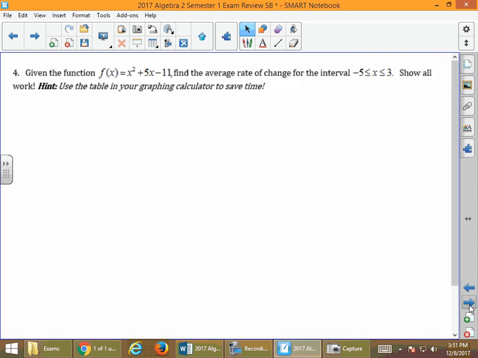As we look at another one, it says, given the function f of x equals x squared plus 5x minus 11, find the average rate of change for the interval where x is in between -5 and 3. Show all work. Hint, let's use our calculator to help us save a little bit of time.